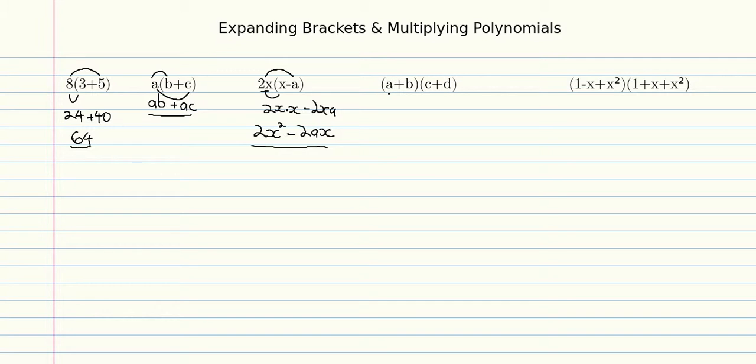So we go a times c is ac, a times d, so that's plus ad. Now let's move on to the b component. So b times c is positive bc. B times d is positive bd. And again, there's our answer there.